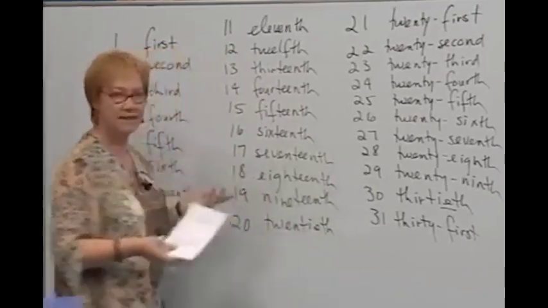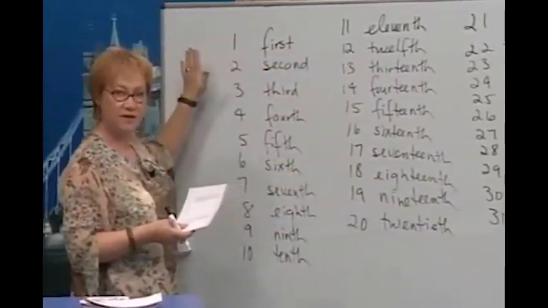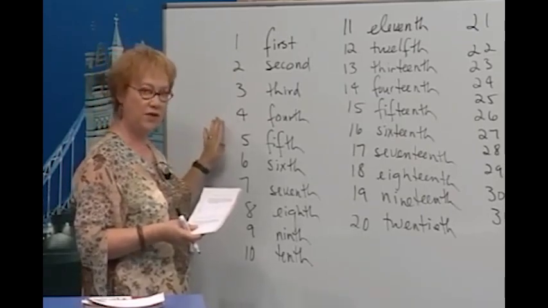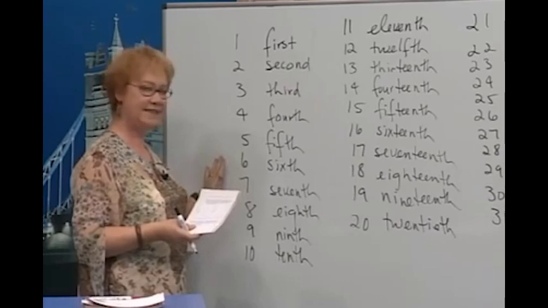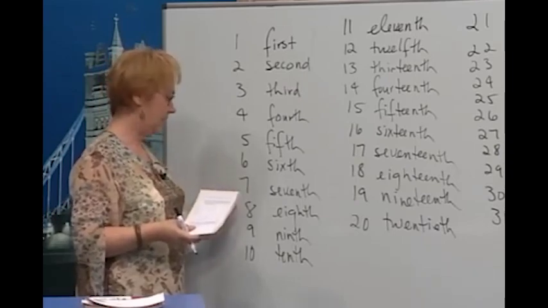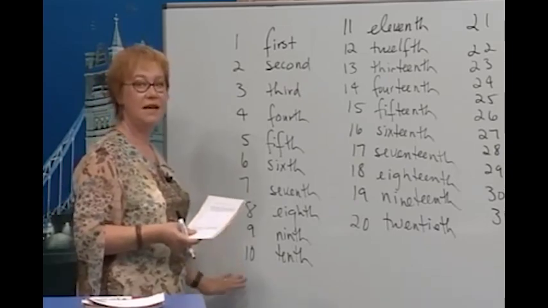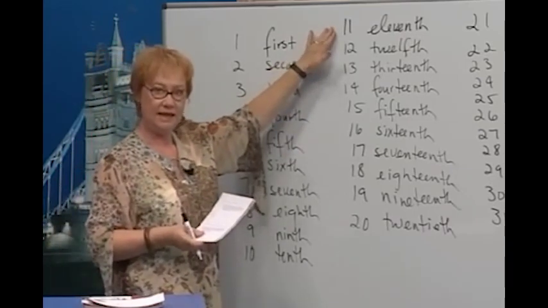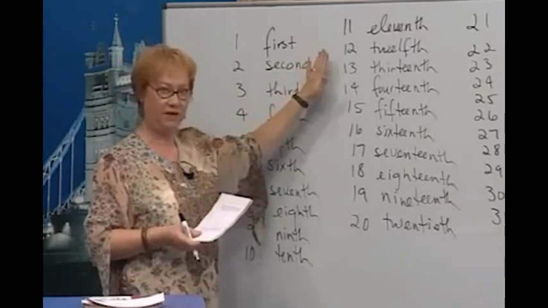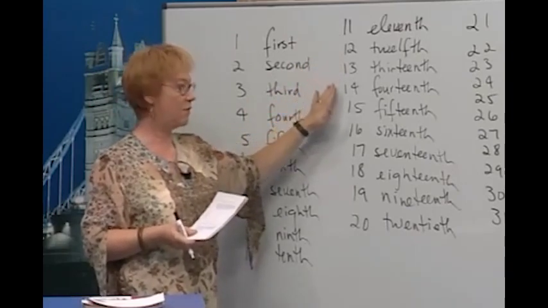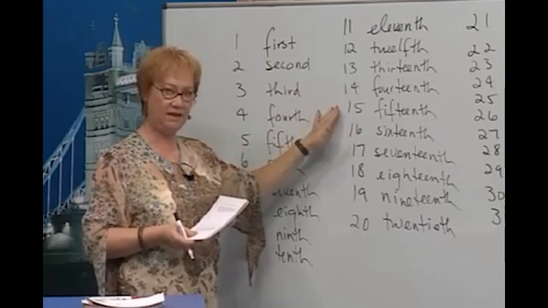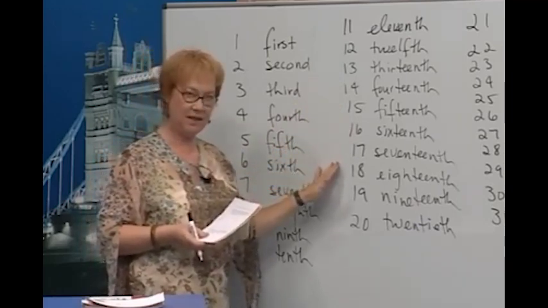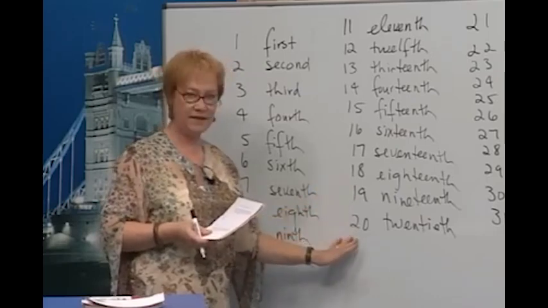So again, let's say these again. First, second, third, fourth, fifth, sixth, seventh, eighth, ninth, 10th. Now we'll go to the teens. 11th, 12th, 13th, 14th, 15th, 16th, 17th, 18th, 19th, 20th.